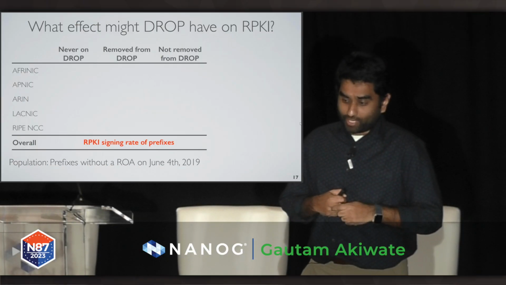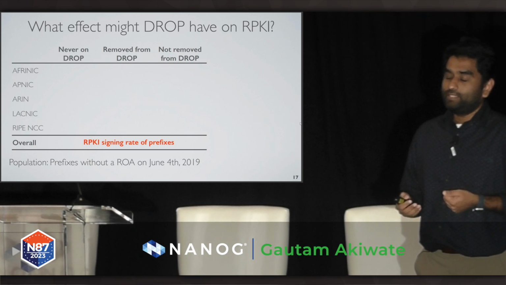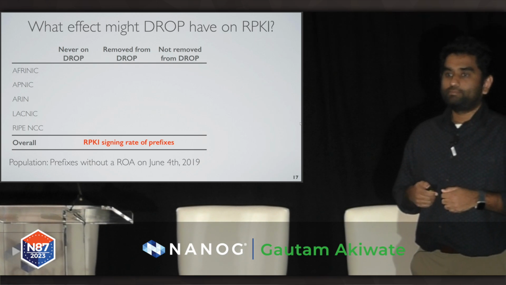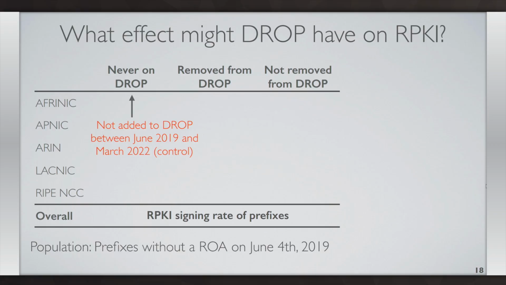The other question that we asked was, what effect might DROP have on RPKI? So how does DROP change incentives for operators? We are going to take all prefixes without a ROA as the start of our measurement period, and then categorize them by RIR into 3 categories. The first is never on DROP.